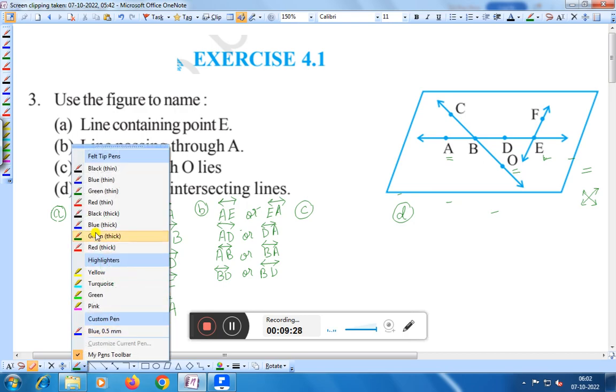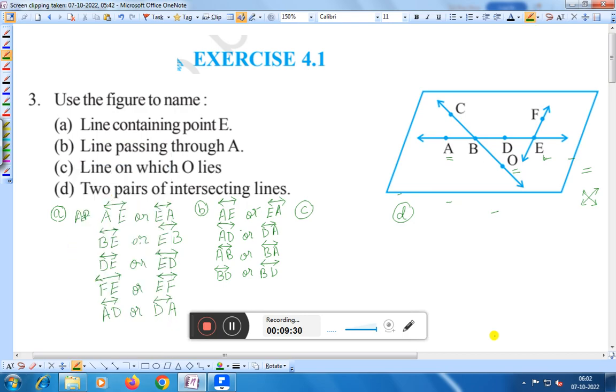Now you see again, the line on which O lies. O means here, this is O, that means it will be CO, right?